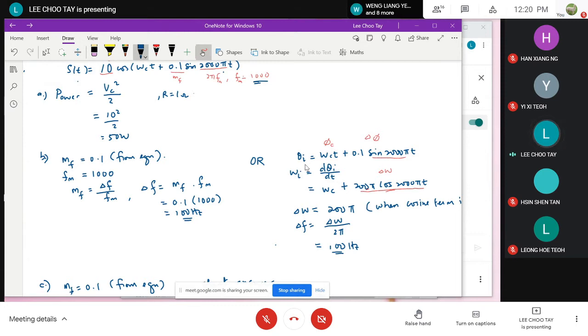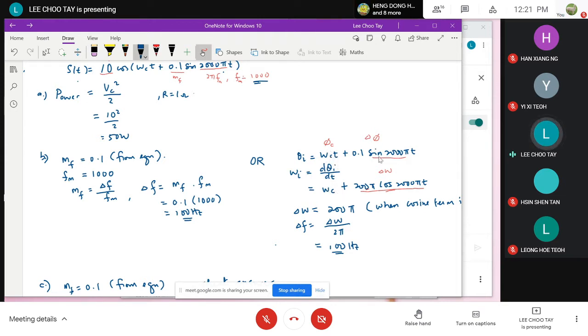And then to find the instantaneous frequency of the FM signal, I have to differentiate the phase angle with the time. Basically, you know, omega is d theta over dt, isn't it? So I have to perform differentiation here. Differentiate omega ct, I get omega c.